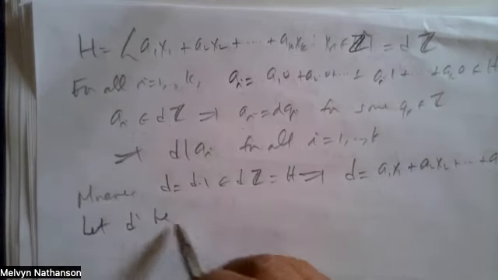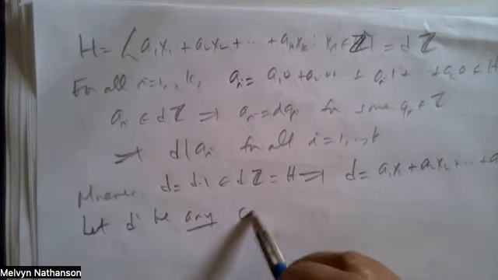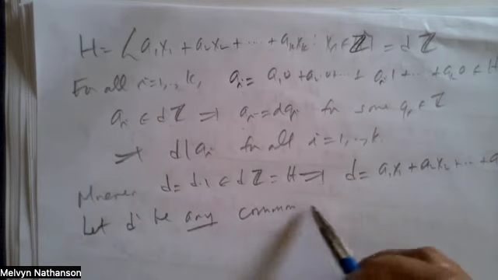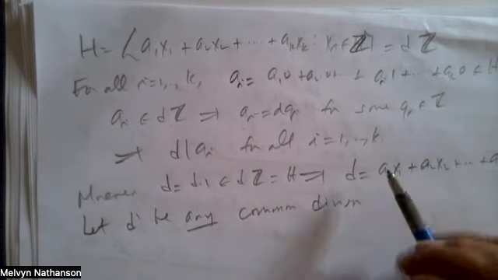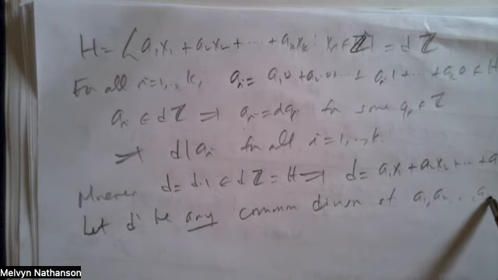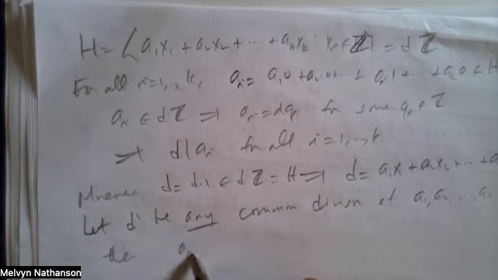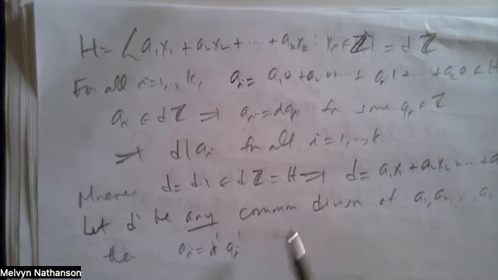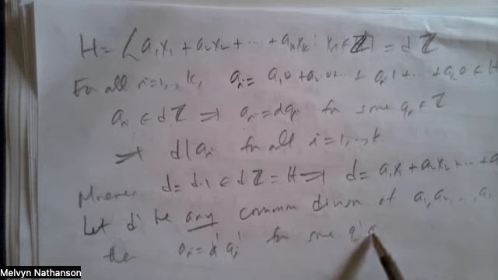Suppose we let d prime be any common divisor of A1, A2 up to Ak. Then every one of these numbers Ai is d prime times some integer qi prime, for some qi prime in Z.